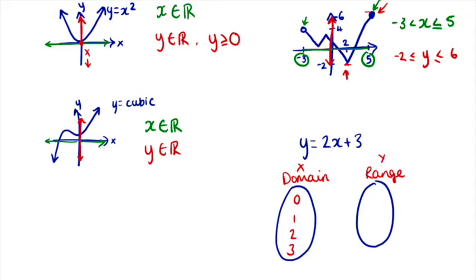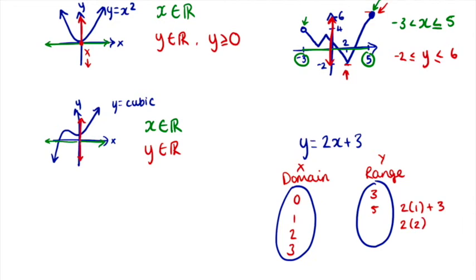And this is my range, which we know is the y value. So if my domain is 0, then my range is 2 lots of 0 plus 3. And then the second one, my domain is 1, so my range is 2 times 1 plus 3, which gives me 2 plus 3, or 5.